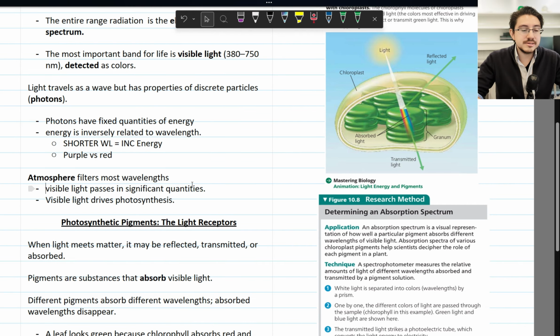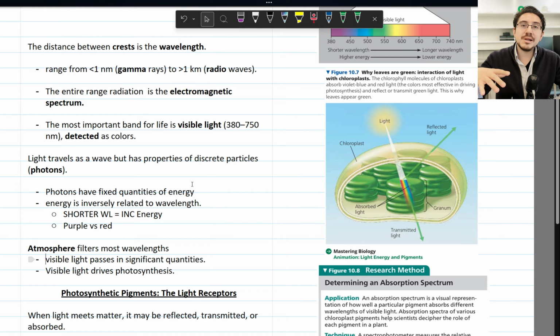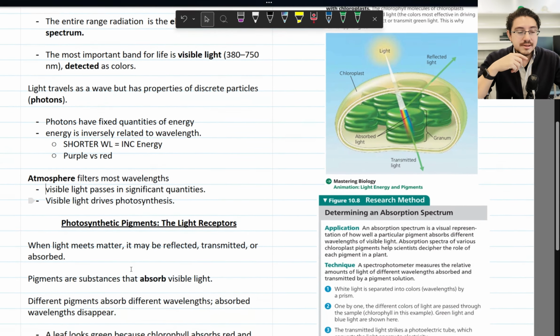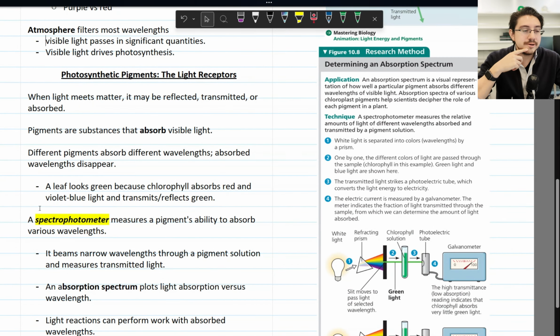Visible light passes in significant quantities, and the light that hits plants and all the natural world, all these autotrophs, is what drives photosynthesis. Now, getting into the actual pigments within the chloroplast, you have the photosynthetic pigments, the light receptors. When light meets matter, it could be reflected, transmitted, or absorbed.